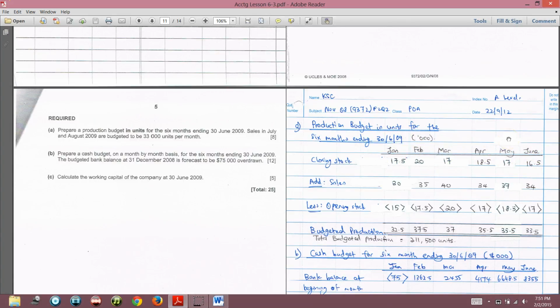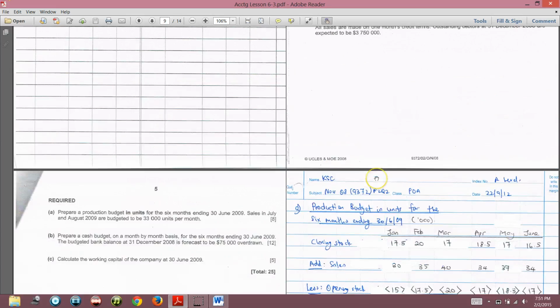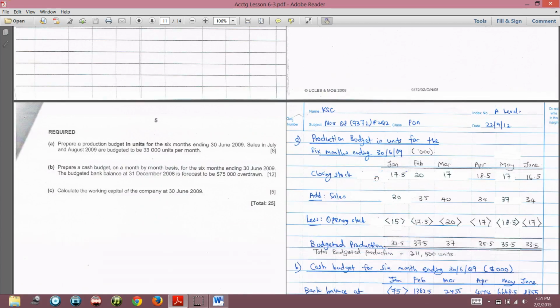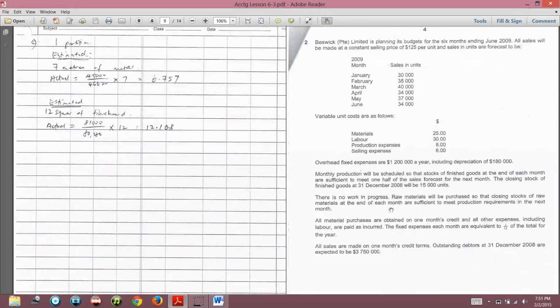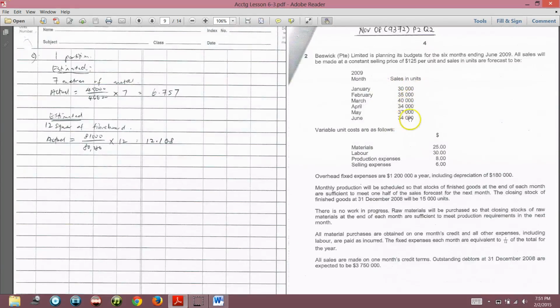So they are saying to prepare a production budget. What is the budgeted production? That means how much must the production manager produce for each month? It will be principally how much they would be selling each month.